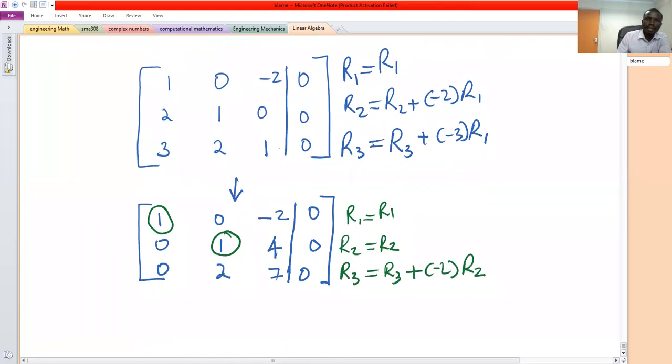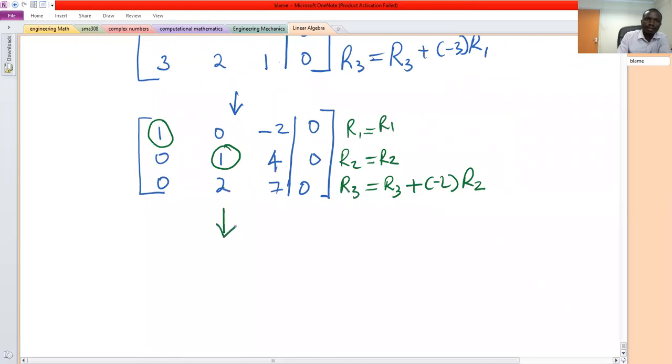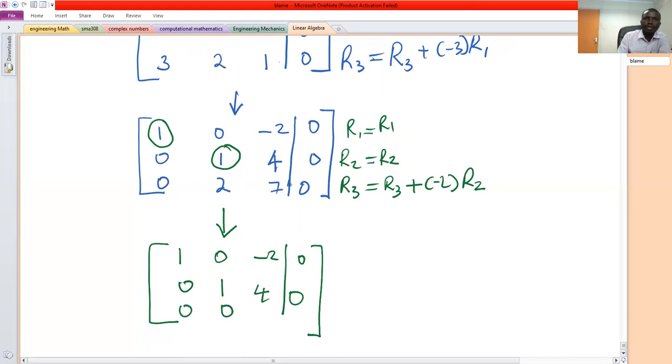By doing that, we'll have 1, 0, minus 2, 0; 0, 1, 4, 0; 0, 0, 7 plus minus 2 times 4, which is 7 minus 8, which is minus 1.